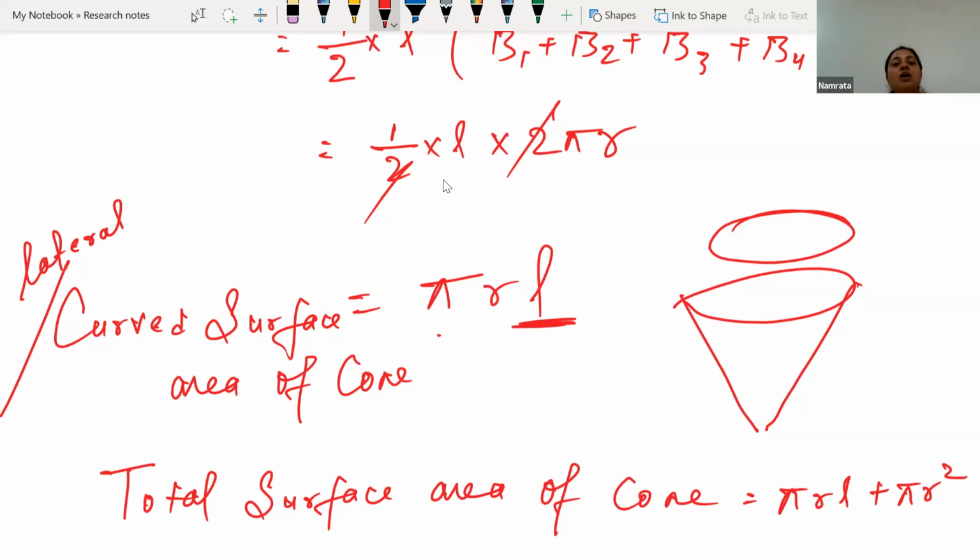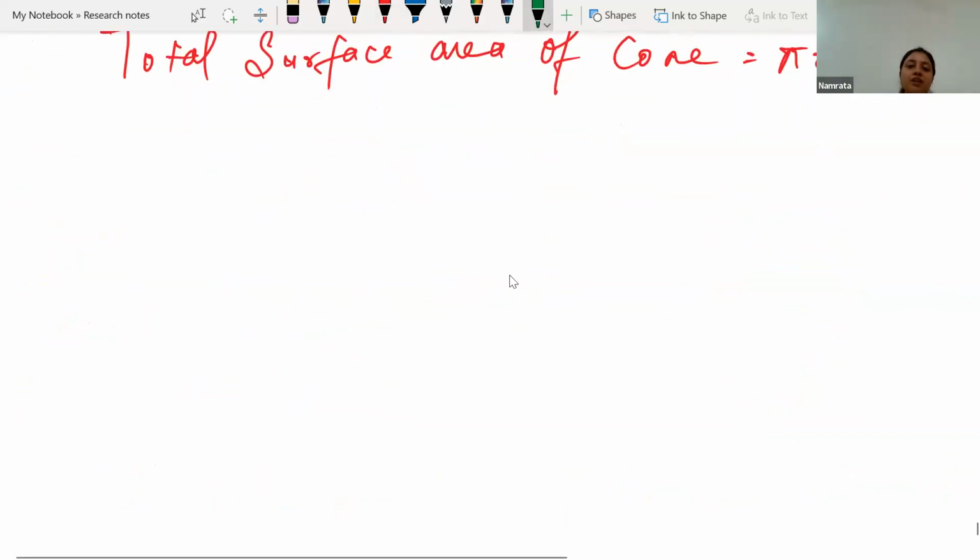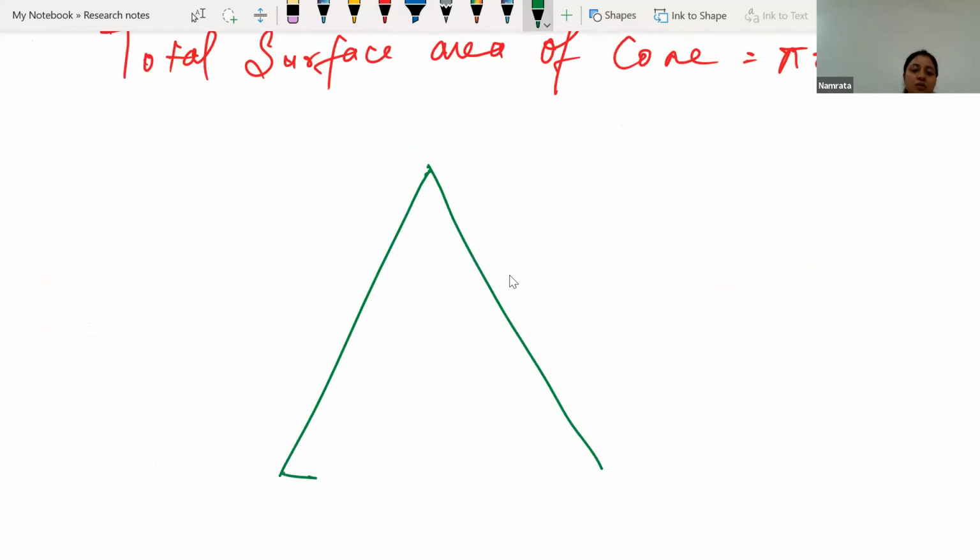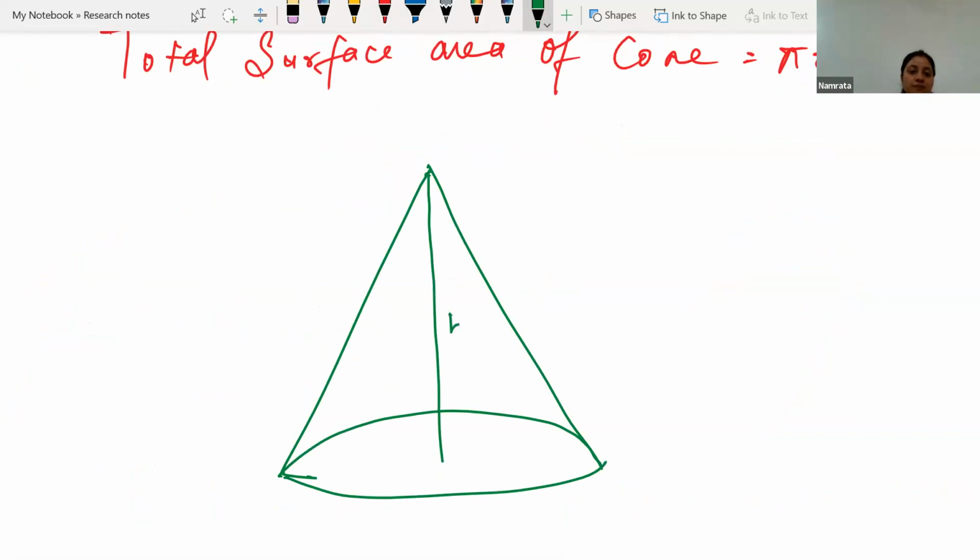Okay. So when we are talking about the shape cone, here we have a height of the cone h. This is the height of the cone. Okay. This is the radius of the cone. And there is one more term over here which is called the slant height of the cone. As the name says, it's just the slant height. Height means perpendicular height, radius you can already understand, and there is slant height also.